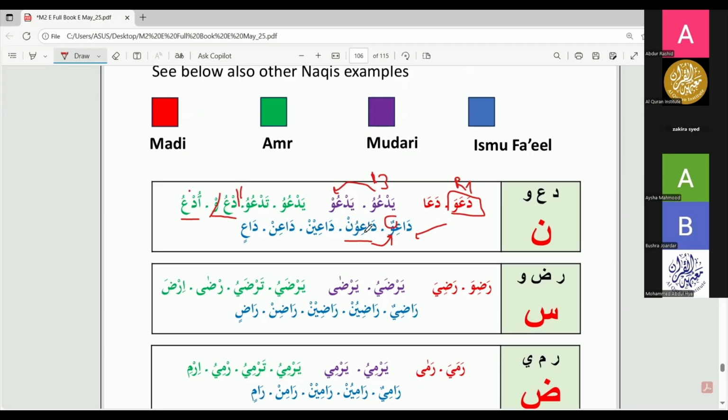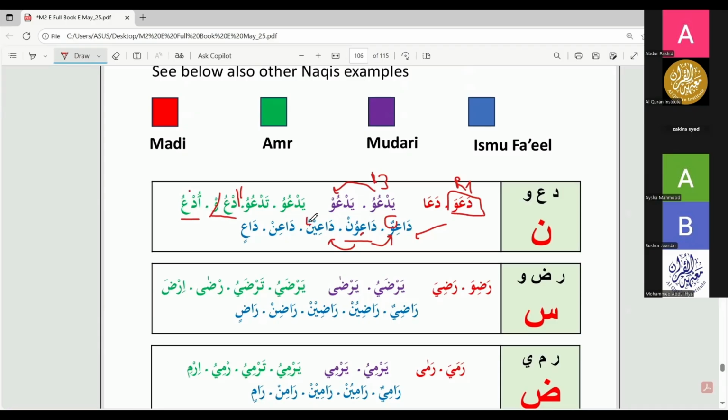Then what happens is, as per the rule, the waw, first of all, takes a sukoon because of the dhamma. Then it changes to ya. We said as per rule number 2, if we have a kasra before it, this waw changes to ya, and it becomes da'in.